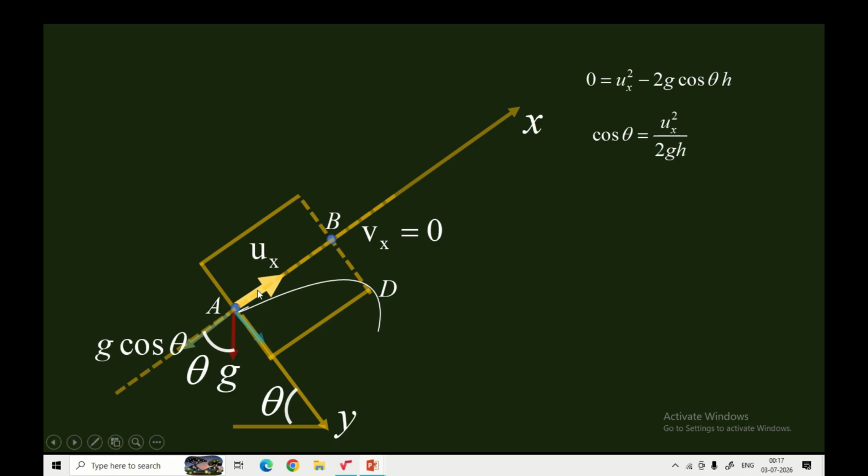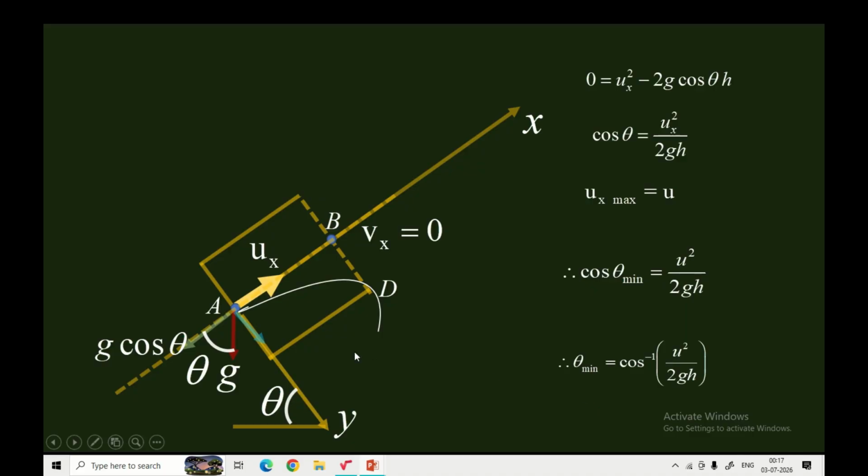It can have its full velocity as ux if it jumps in x direction itself. Then ux maximum will be equal to u, the full velocity, and therefore cos theta is u squared by 2gh, and from here we get theta minimum as cos inverse of this. Okay, so this is the answer we were seeking.